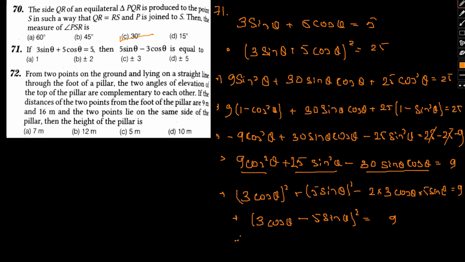So therefore 3 cos theta minus 5 sin theta is equal to plus minus 3, or simply if we multiply the same by minus, we can write 5 sin theta minus 3 cos theta equal to minus plus 3.